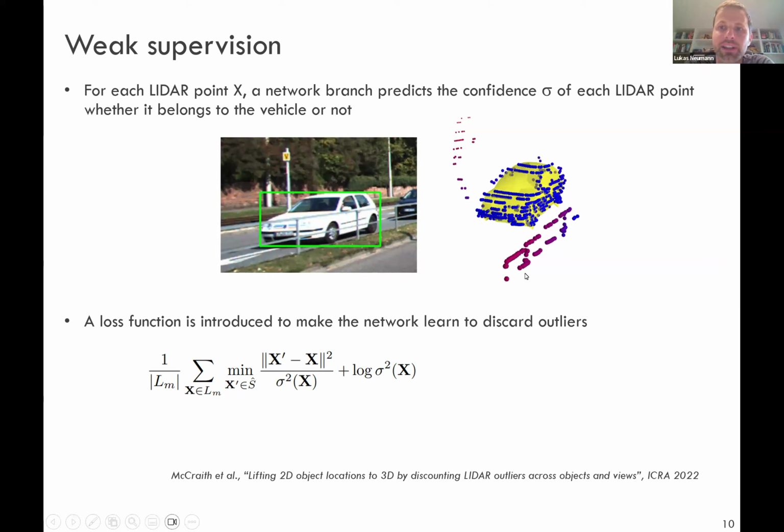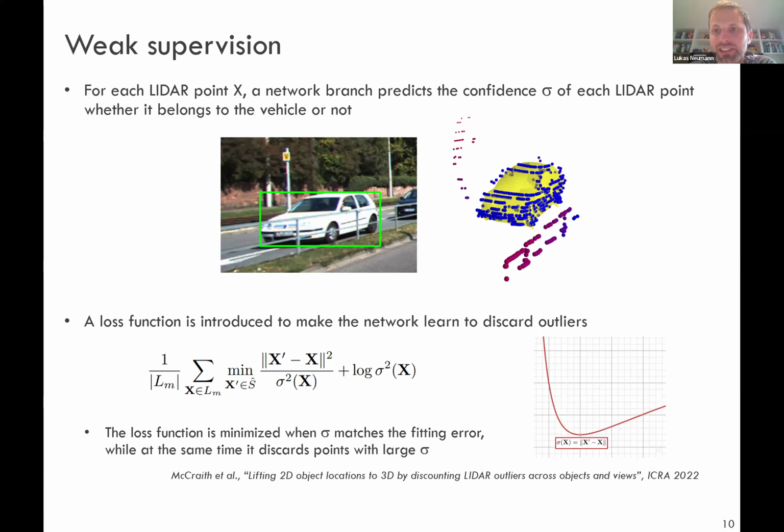And the way we do this is we ask the network to actually predict its confidence. So this is a sort of unsupervised way of making the network predict its errors. And this is done by using the following loss function.